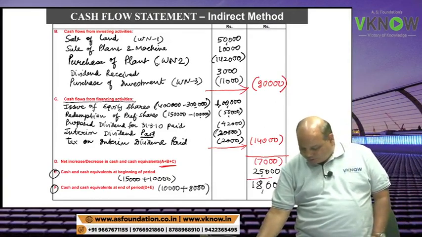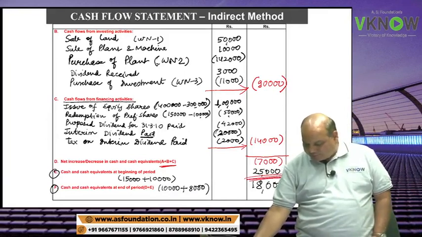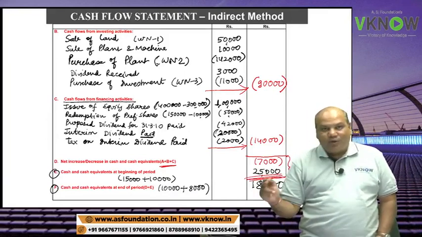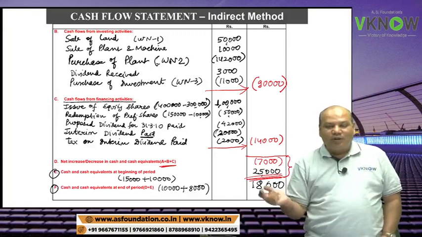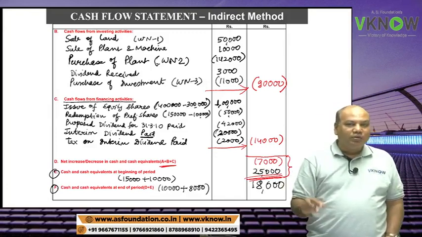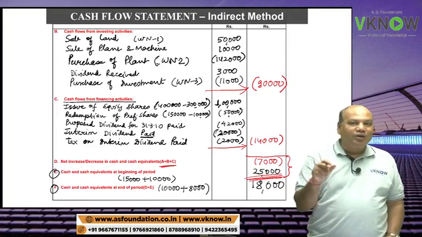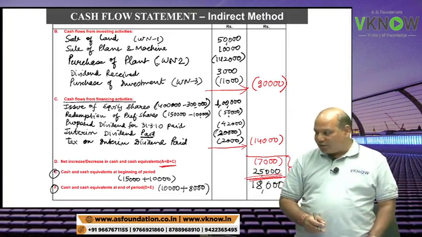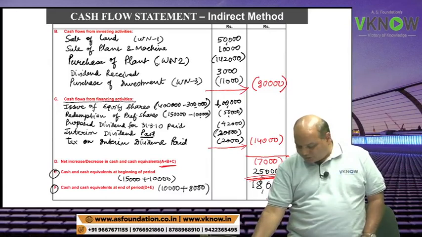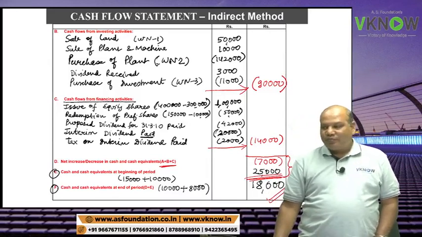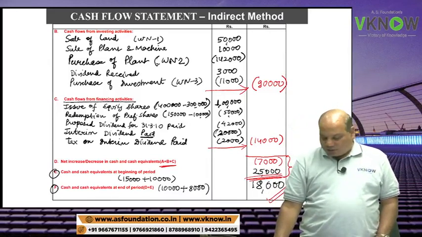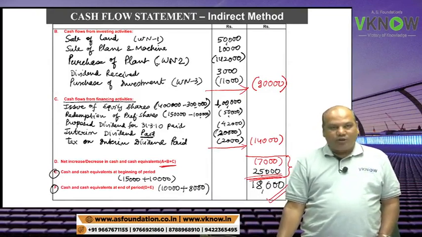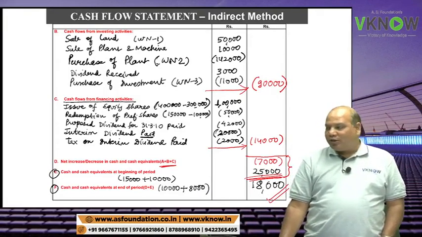The total is matching. Minus 7 plus 25, 18,000 total is matching. So this answer is telling. Now any other query?